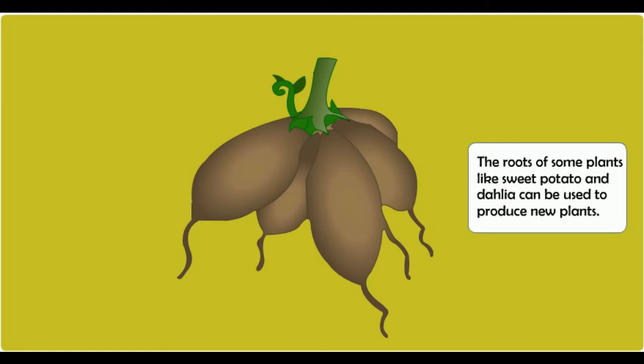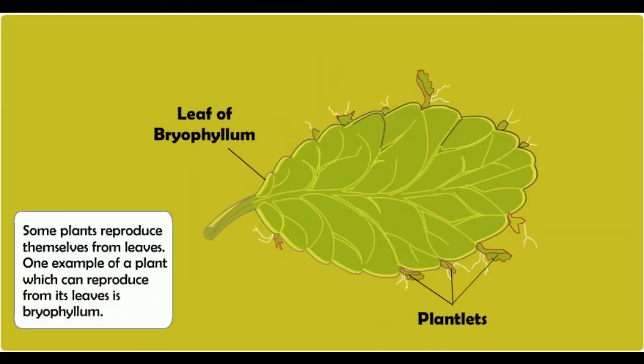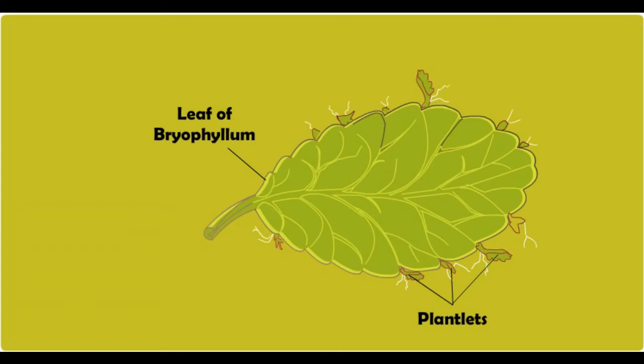Vegetative propagation by roots. The roots of some plants like sweet potato and dahlia can be used to produce new plants. Vegetative propagation by leaves. Some plants reproduce themselves from leaves. One example of a plant which can reproduce from its leaves is Bryophyllum. The two plants, Bryophyllum and Begonia, can be reproduced from their leaves.